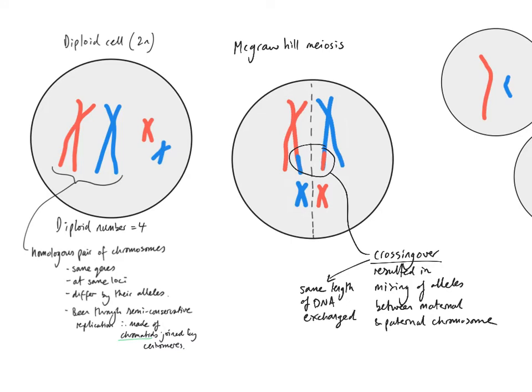In year 13, we do another type of mutation where not the same length of DNA is exchanged, and that leads to duplication mutations where you double up a gene on a chromosome. But we can worry about that in year 13. In 2021, that's when we have to worry about coming back to meiosis to look at other mutations.